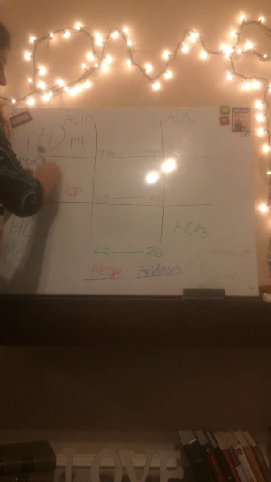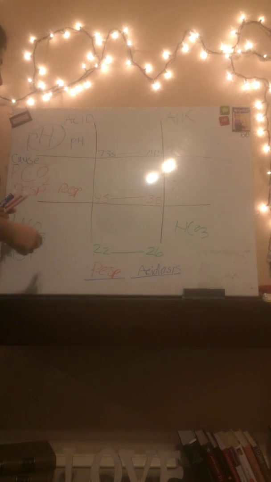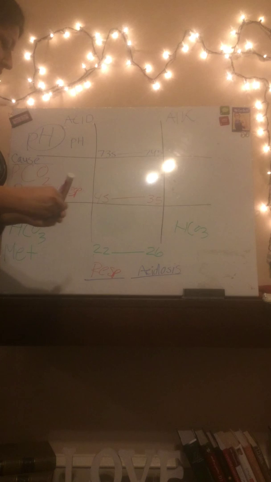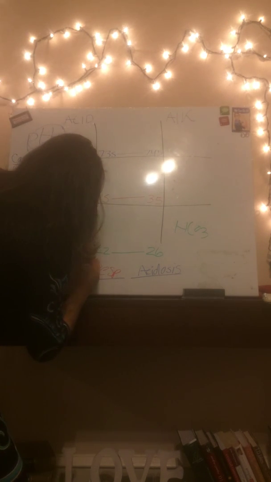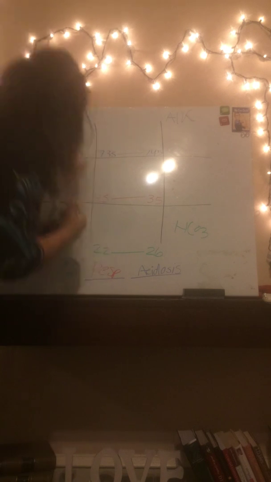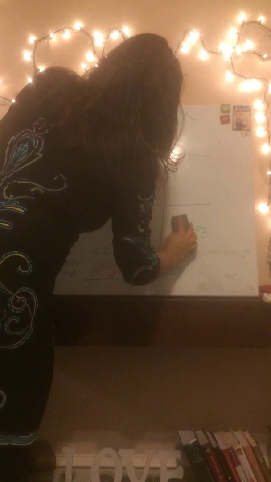It is called partial because it's trying to make up for this respiratory. This bicarb is trying to help make up for this acidosis. So that is our answer, respiratory acidosis with partial compensation. Boom, easy. Next one, let's do a next sample.